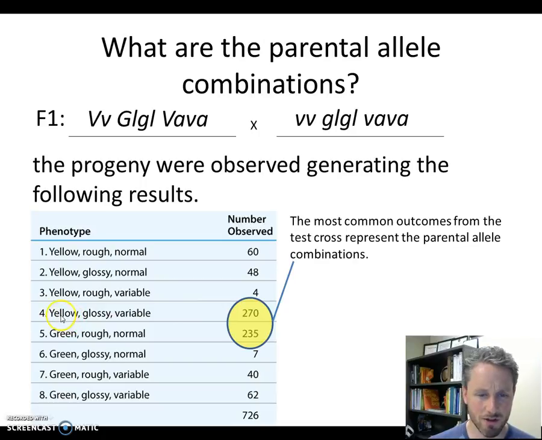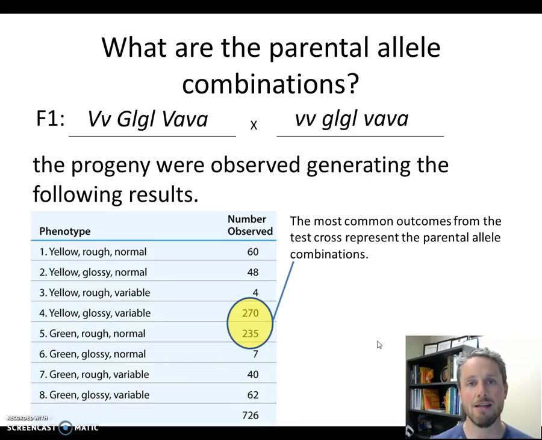So here it just says, well, these ones are yellow, glossy, and variable, or green, rough, and normal. So how do we go from that to knowing what alleles are there? So at this point, it becomes important to write down the genotype that is associated with this phenotype.